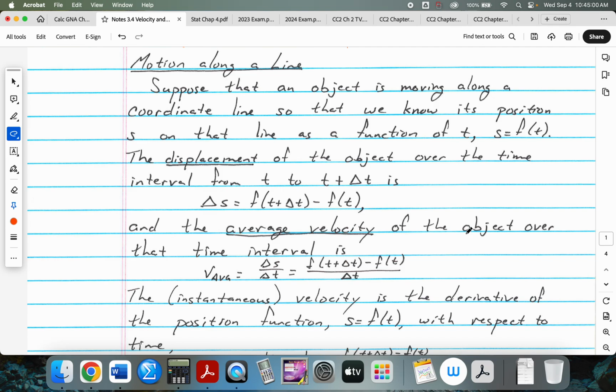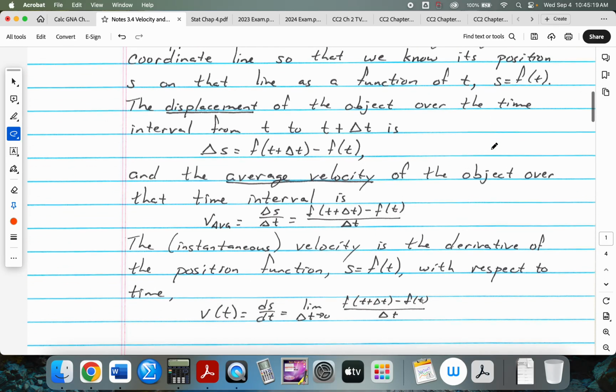So suppose an object is moving along a coordinate line, like the x-axis or the y-axis, so that we know its position, s, on that line as a function of time t is s equal to f of t. So some function of time gives us its position on that line.